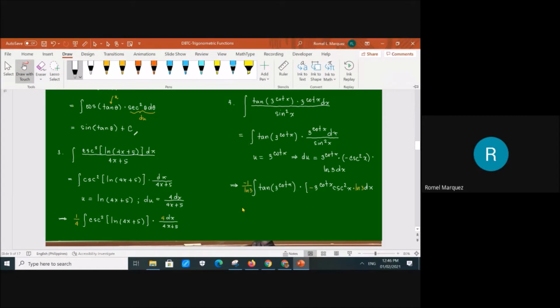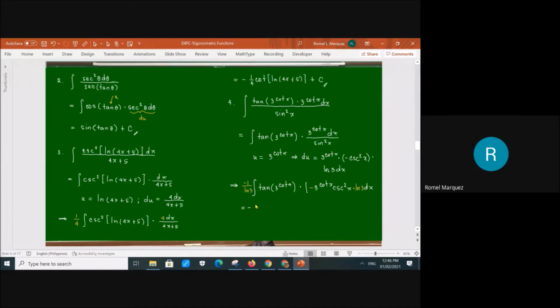It's now ready. So let's read. Negative 1 over ln3. I'm trying to make it nice so that this is the file that I'm going to upload to you. What is the integral of tangent u du, guys?